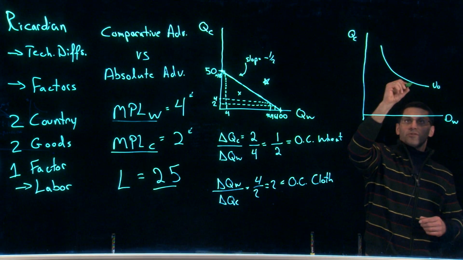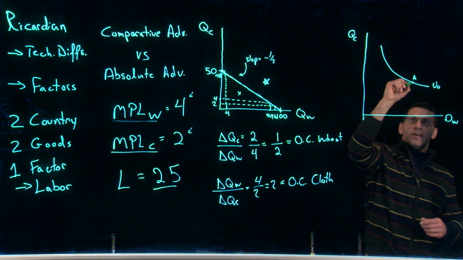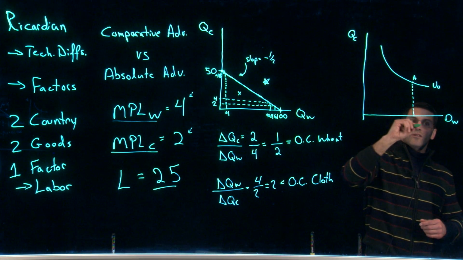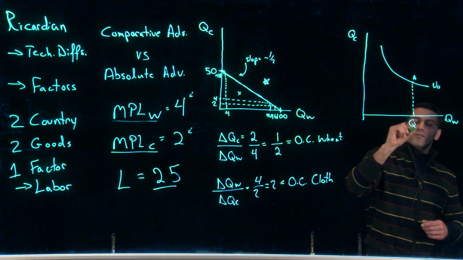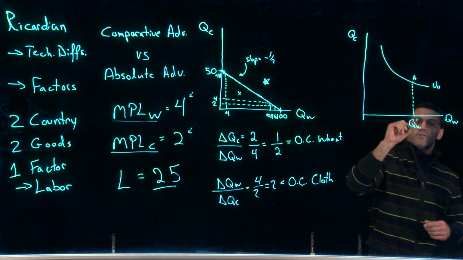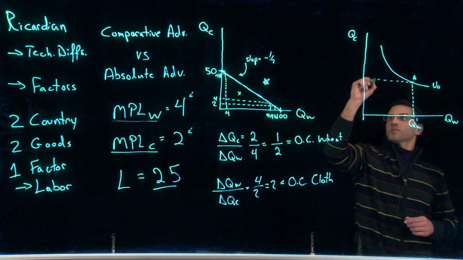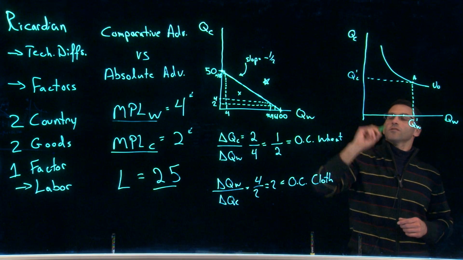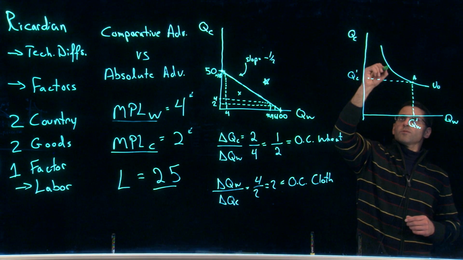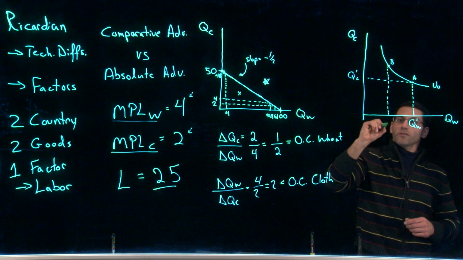So in this indifference curve, what we're saying is this point here, A, where you're getting this amount of cloth or wheat, rather than this amount of cloth, gives the same level of well-being to the members of our society as point B.